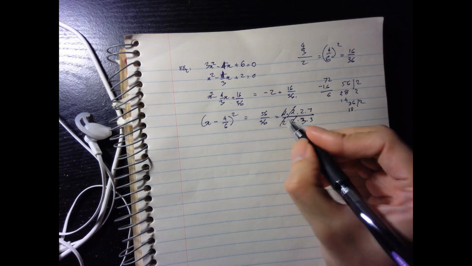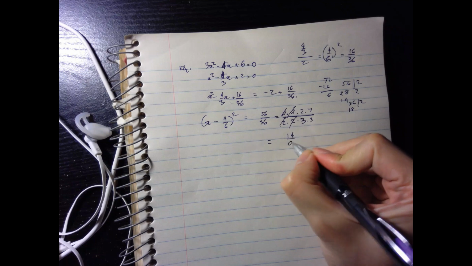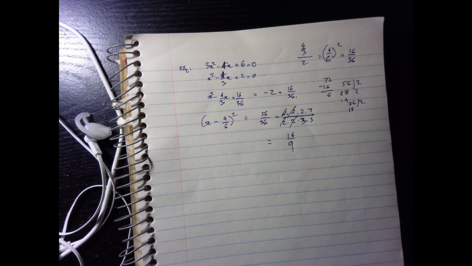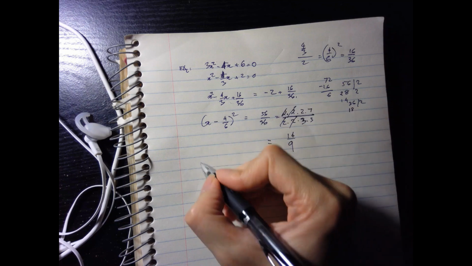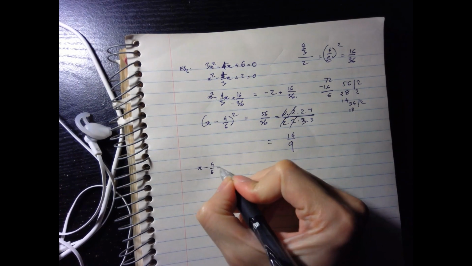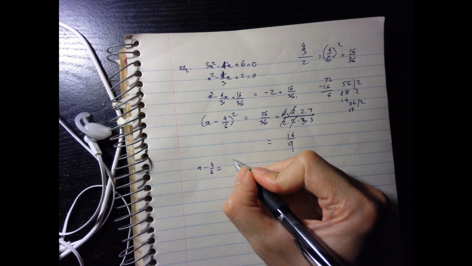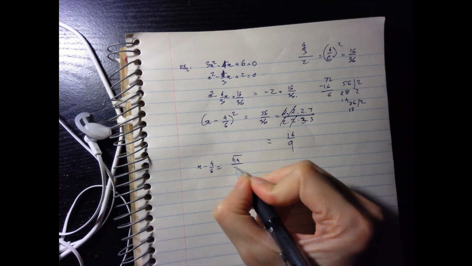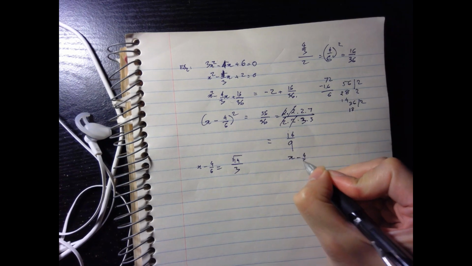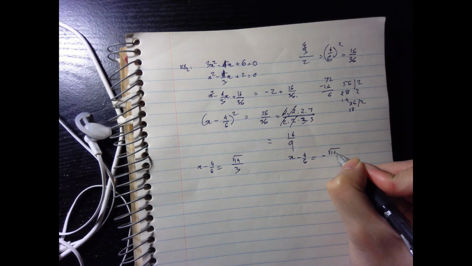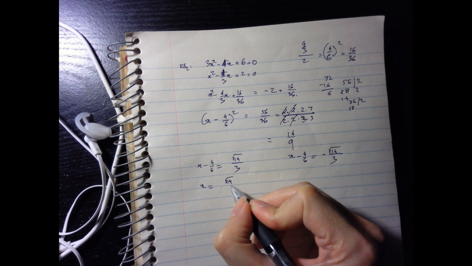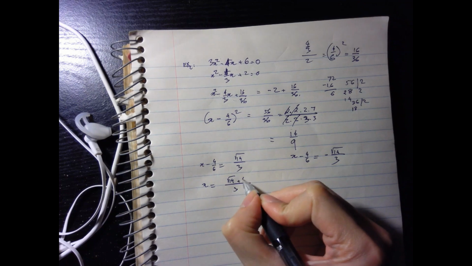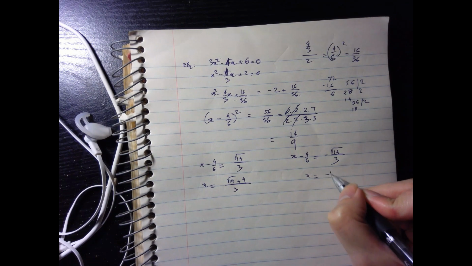Now I can apply the square root method. I take the square root of both sides, which gives you x minus 4 over 6 equals positive square root of 14 over 3, and x minus 4 over 6 equals negative square root of 14 over 3. Oh, I'm sorry, this is 2, so it's 2 here, 6 here.